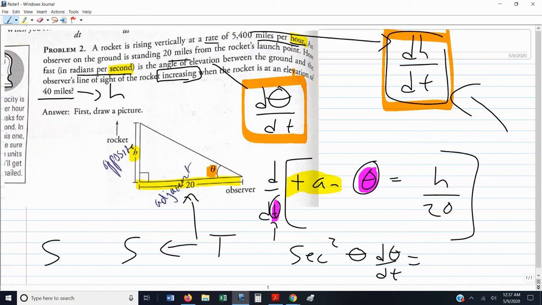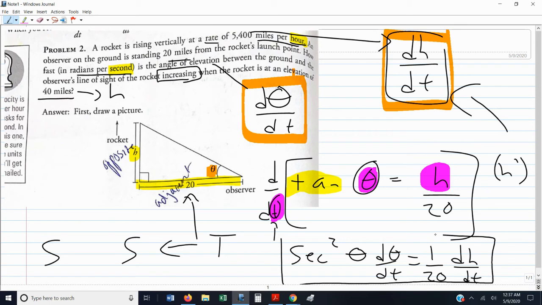On the other side, when you take the derivative, 1 over 20 is a constant, but then again, the derivative of h is not going to be 1 because the independent variable is t, or more simply said, those variables don't match. So instead of saying the derivative of h is 1, I'm going to say dh/dt. That's the same as h prime. It's just a fancier notation.